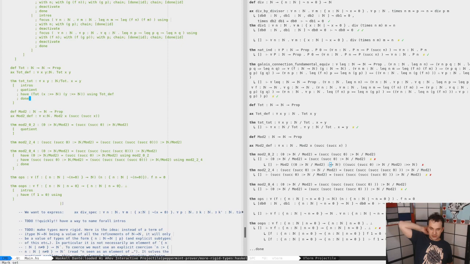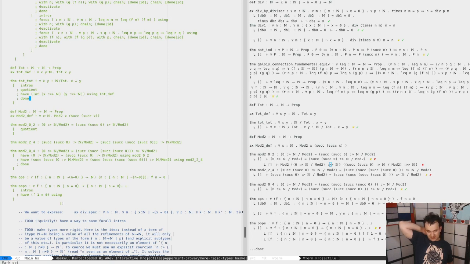X plus x equals 0. In what context? Interesting.